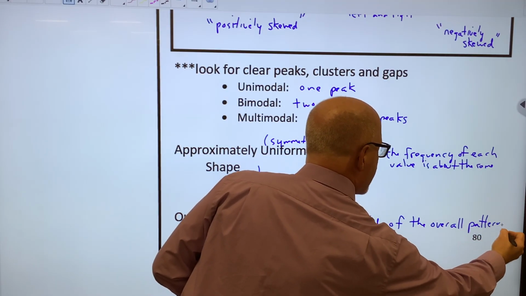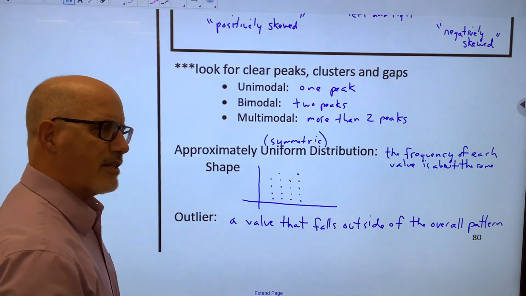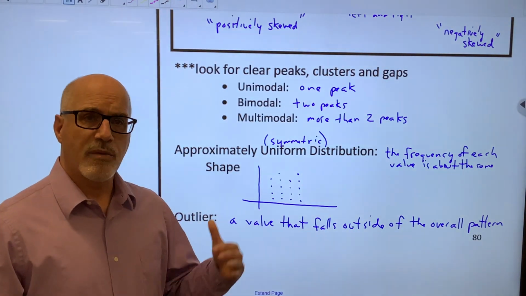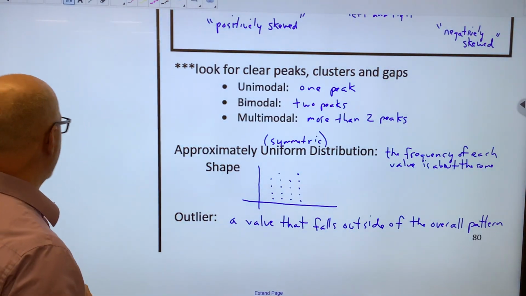So if it falls in a place we wouldn't expect it to because of the rest of the data, then we call that an outlier.